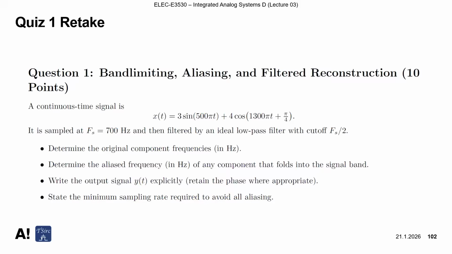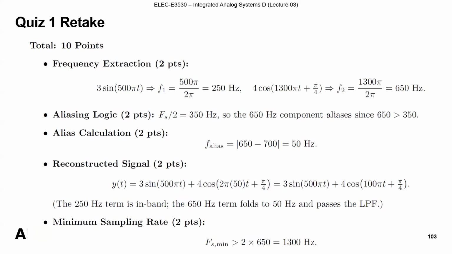It is sampled at a sampling frequency of 700 hertz, and then filtered by an ideal low-pass filter, which is the same condition that I described. And to determine the original component frequencies here, it is the same, right? For 500 pi t, we can simply divide 500 by 2, then it goes to 250 hertz. And this one is 650 hertz, right? 250 and 650 hertz.